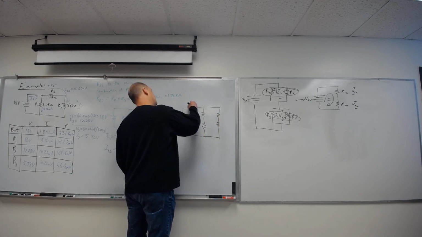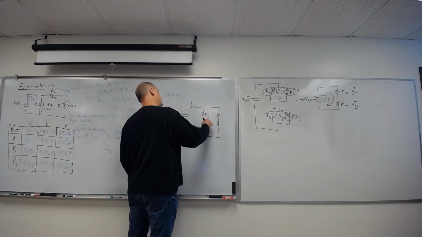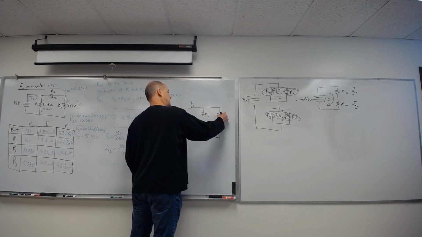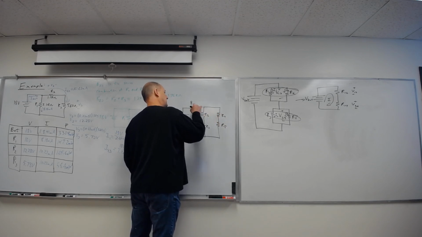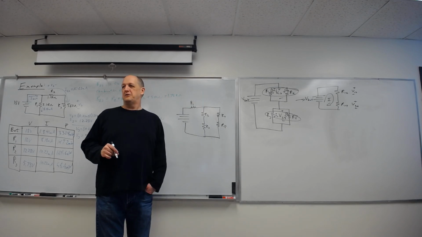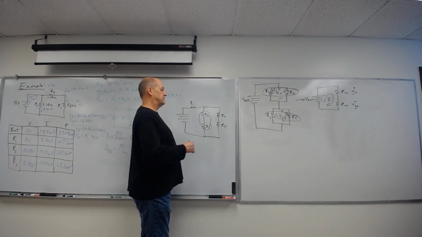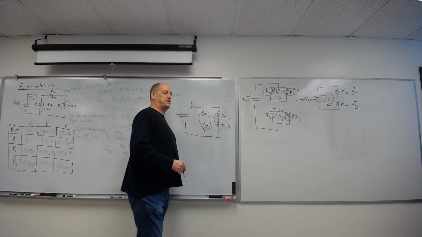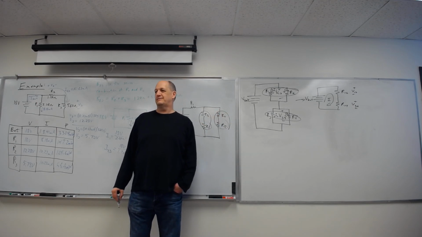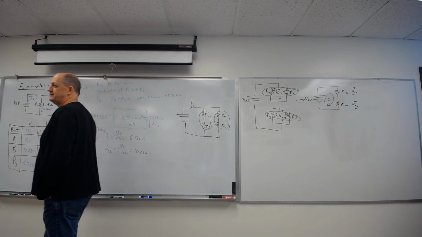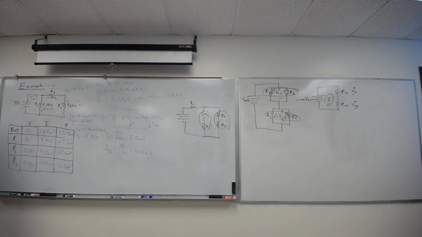Oh no, 5 resistors. But these two are in series, combine them and get a single resistor. These two are in series, combine them and get a single resistor. So then you'll have an equivalent circuit with 3 resistors. It's exactly like our first example.